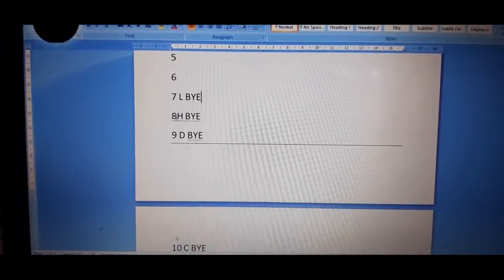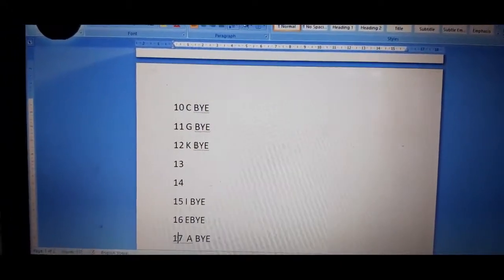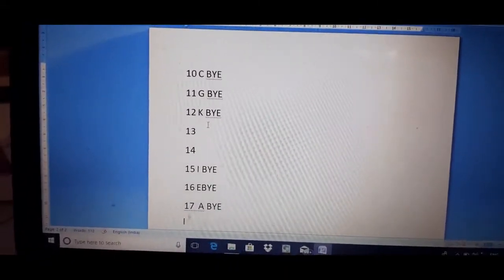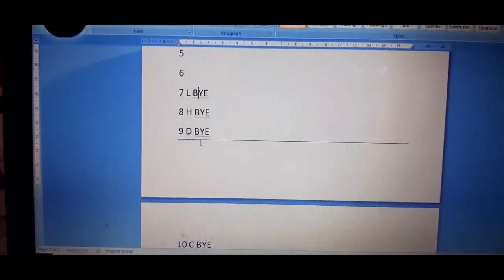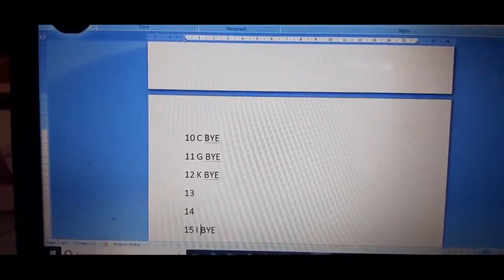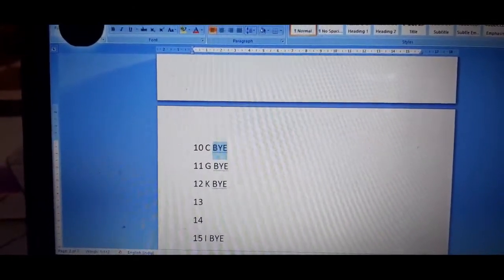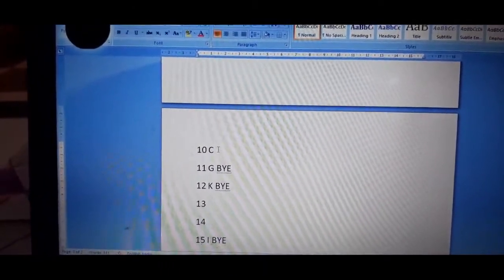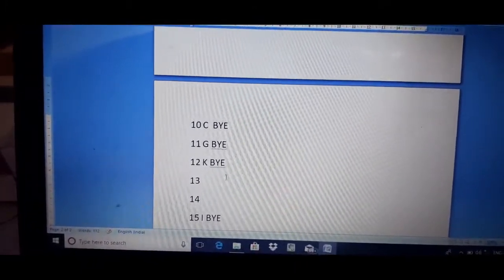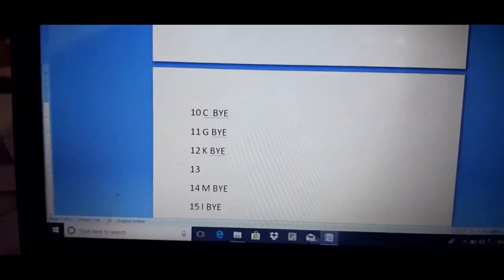Now again we have to start the same sequence, so go back down. Last one was, I myself forgot, last was L bye, after L is M bye.